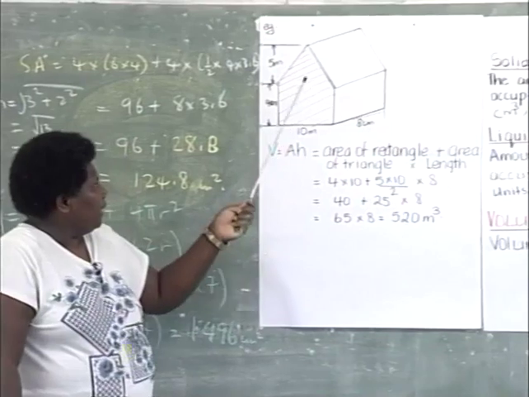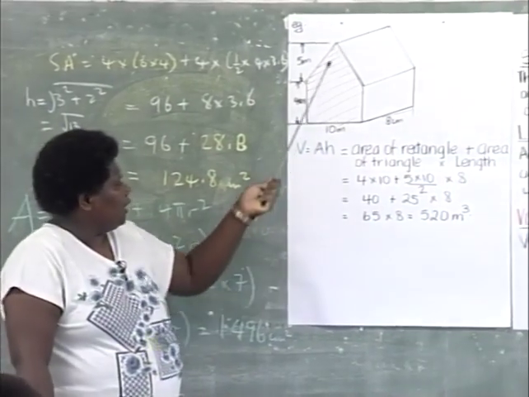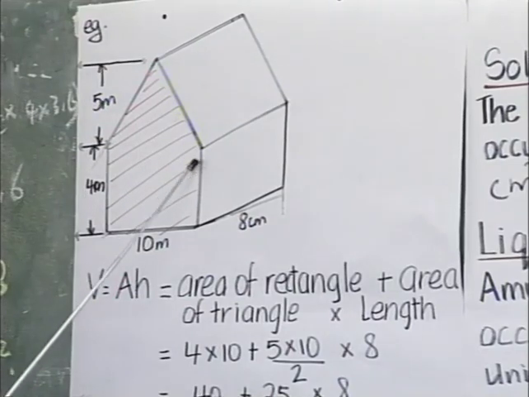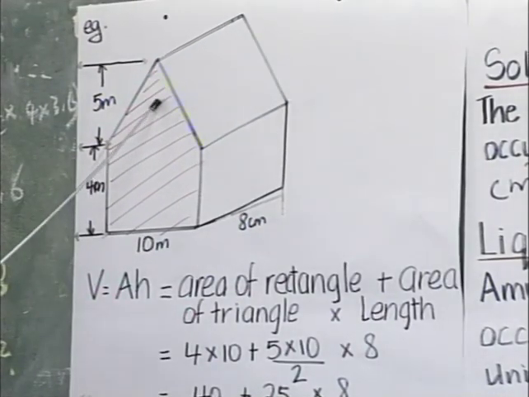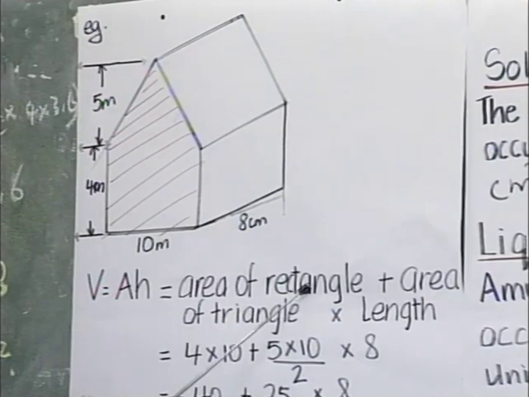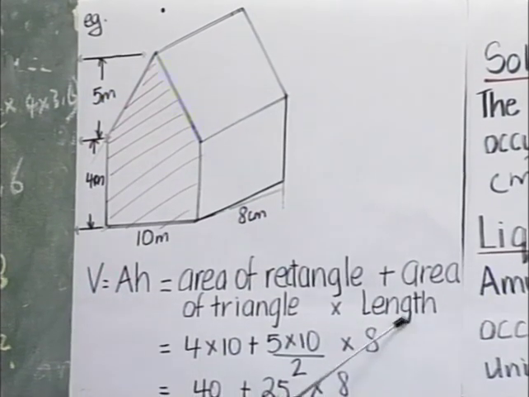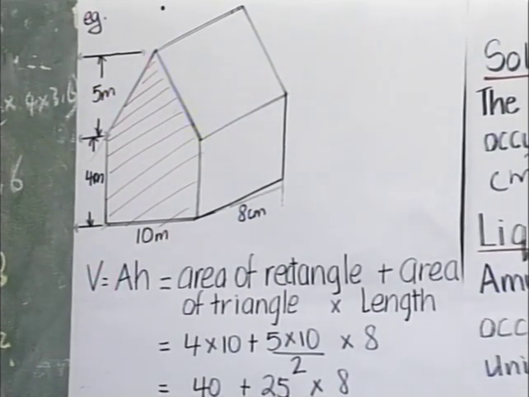The cross section here has a rectangle and a triangle. So the area of the rectangle plus the area of the triangle, which is the area of the cross section, and then we multiply it by the length.